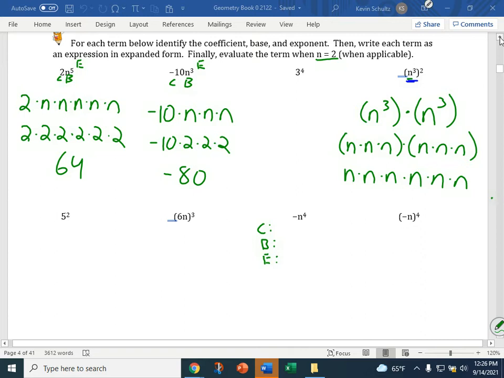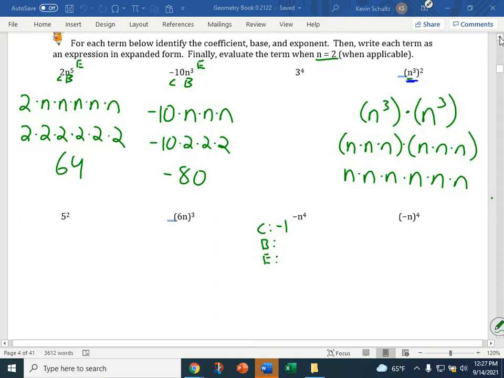I think the coefficient's -1. Well done, sir. You're absolutely right. It is a -1. And if you're asked for the coefficient with a negative sign, you do need to write the -1 because the negative sign is kind of your coefficient, but you have to have a number there, and it's -1, which means that whatever n to the fourth is, we're just making that negative. Is that negative sign part of the exponent?